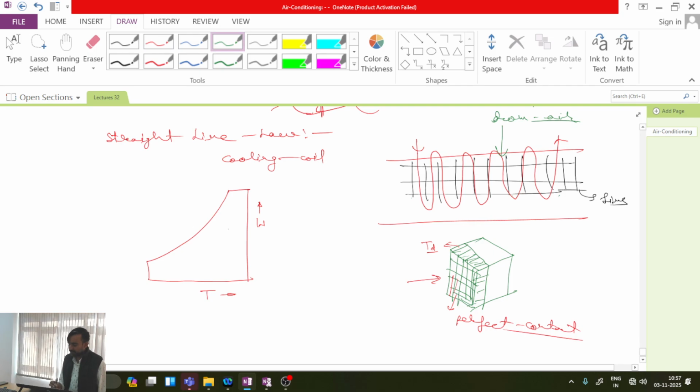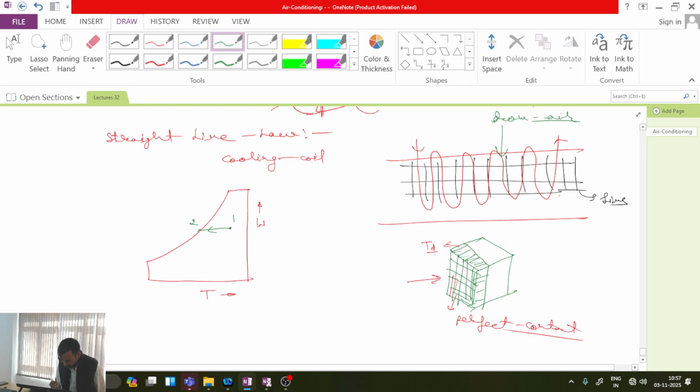Whenever the air comes in, say the air was at state 1, whenever it comes in full contact, immediately it will be cooled. I will have a cooling process from 1 to 2. And then let's consider that its temperature is less than the dew point temperature. Then after this point, what will start happening?